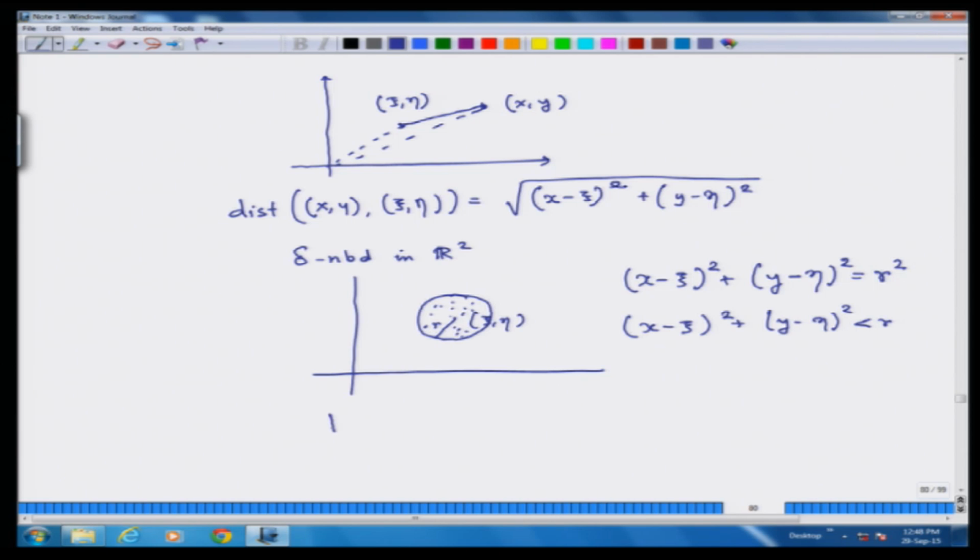So, the neighborhood is usually given by this symbol B delta at (xi, eta).